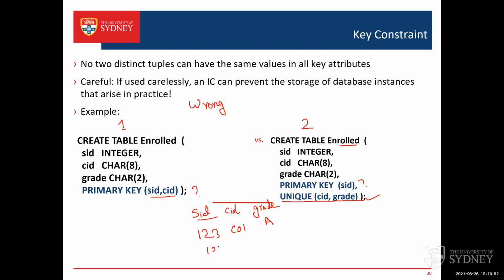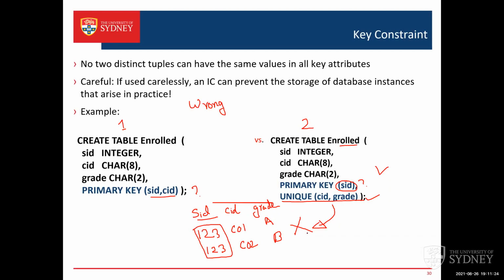For this student, can I enroll him in another course, let's say C02? According to this definition, will this data be valid? Definitely not. Why? Because here SID is the primary key, so it will not let me write this SID twice.